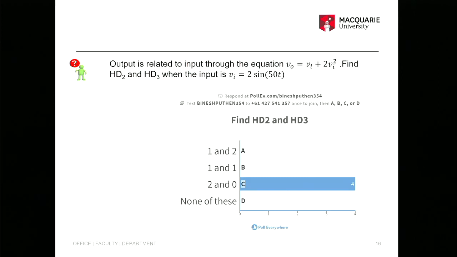Let me know if you find it difficult or you're stuck somewhere. In the exam you will be given the formula for cos square and cos cube if you need to find it.